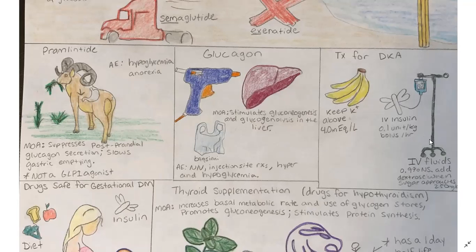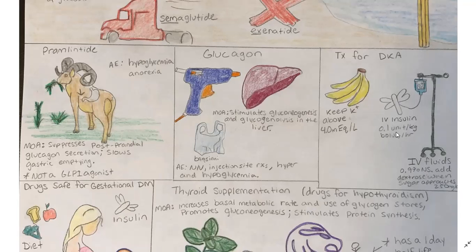To treat this, you want to start with IV fluids, so 0.9% normal saline. You don't want to decrease their blood sugar too quickly because that would be bad. So once their blood sugar gets to about 250, you're going to add dextrose to that IV. You also want to give them IV insulin to decrease the amount of sugar in their bloodstream.